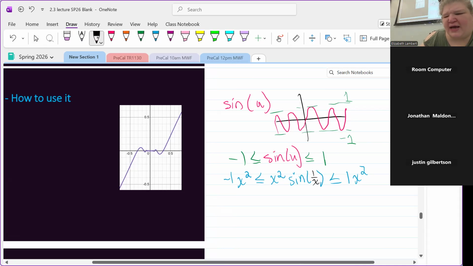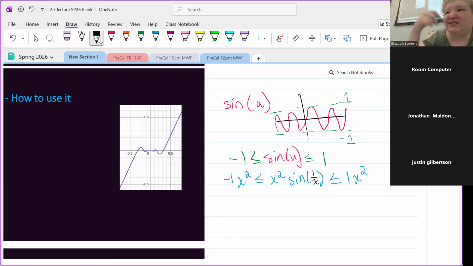So trying to directly evaluate the limit as x approaches 0 of sine of 1 over x, it constantly changes values back and forth, back and forth, back and forth. So the limit as x approaches 0 here doesn't exist. It's confusing. But when we multiply it by x squared, the x squared, as we get closer and closer to 0, gets closer and closer to 0 itself.